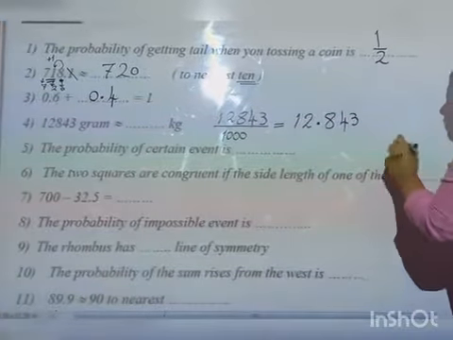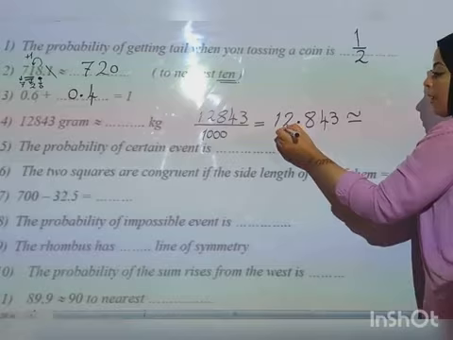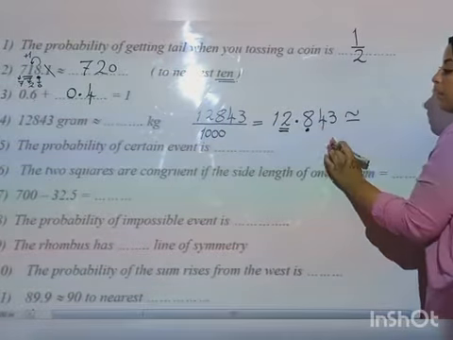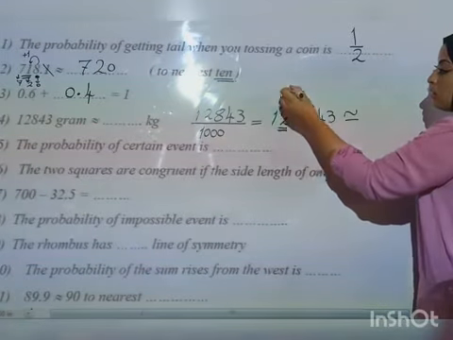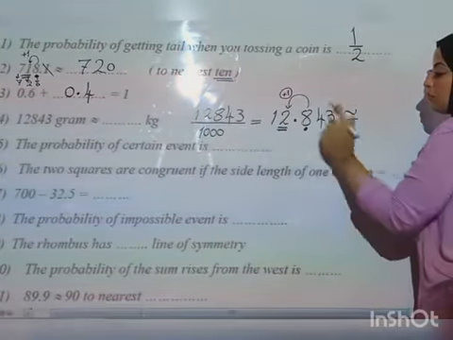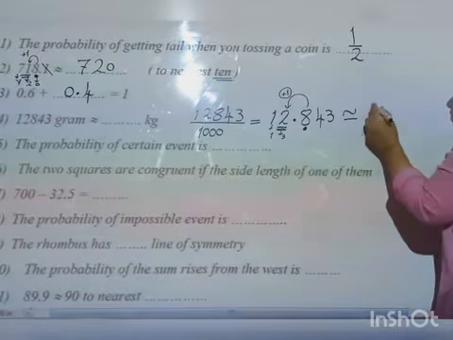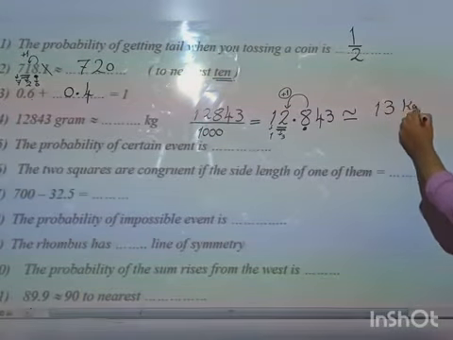To the nearest kilogram, we stop at the units digit, then look at 8. 8 is rich, so it will give 2 plus 1. So 2 will be 3 and down 1. So the answer will be 13 kilograms.